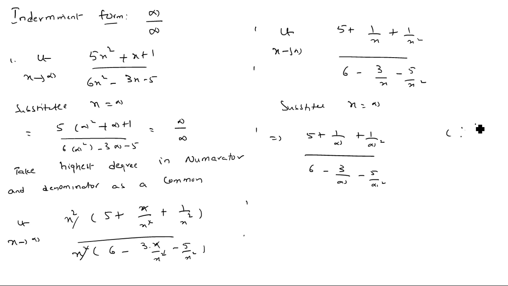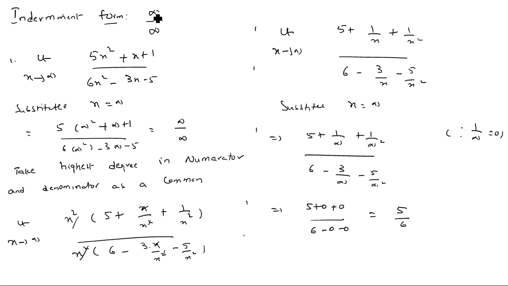So therefore the value of 1 by infinity is equal to 0. So we get 5 plus 0 by 6 minus 0 minus 0, that answer is equal to 5 by 6.